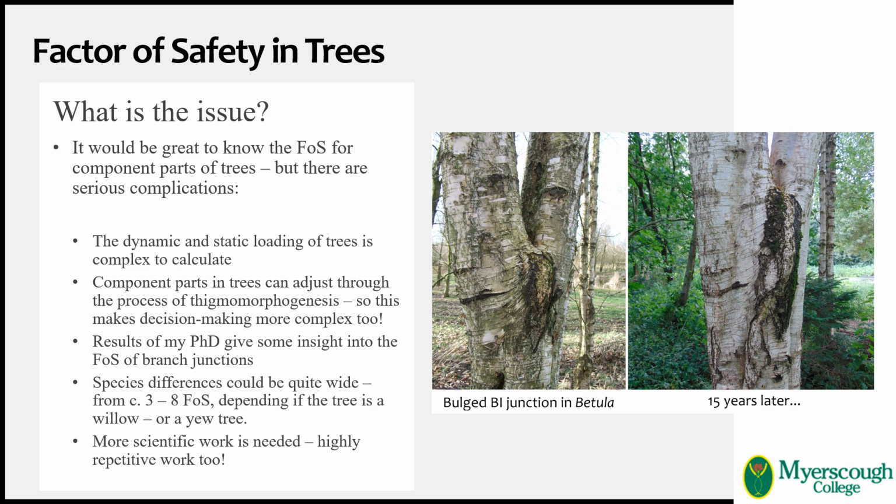There is even the potential for a component part in one species to have a relatively lower factor of safety than in another species, which is why we might say that species A is prone to stem breakage and species B is prone to branch junction breakage.